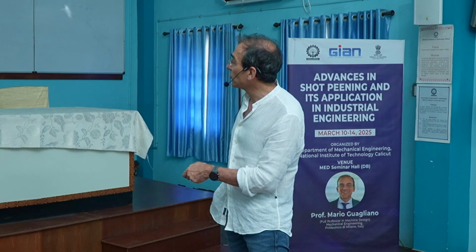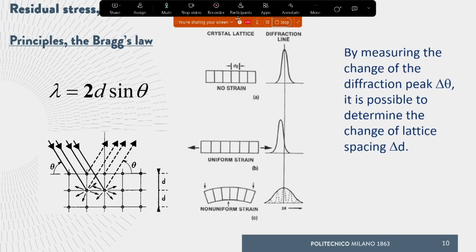So from an intuitive point of view, if you are able to measure the shift of the diffraction due to some strain, we are able to quantitatively relate this to existing residual strain and then to the stresses. Okay, if you are applying a non-uniform strain like this, what happens? It happens that the diffraction peak will be wider, it will enlarge.